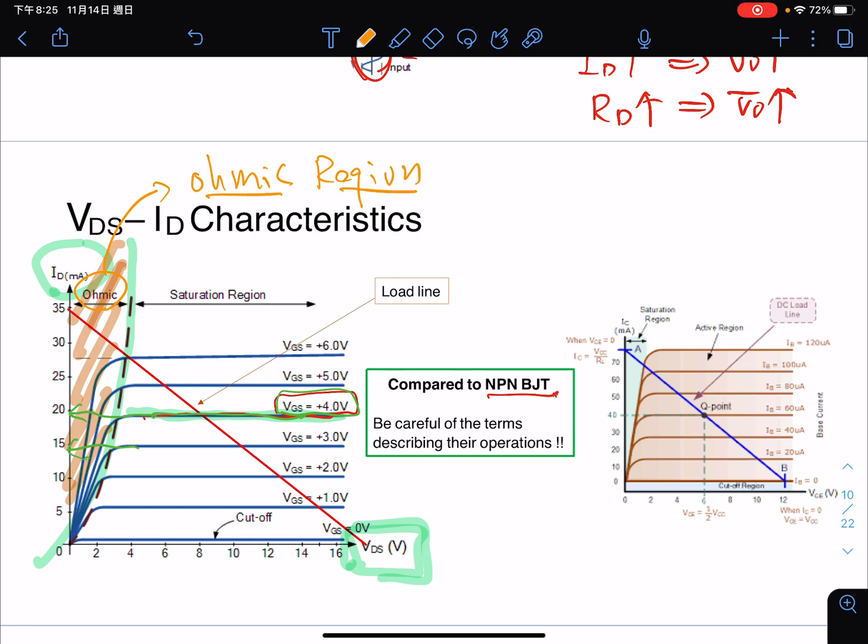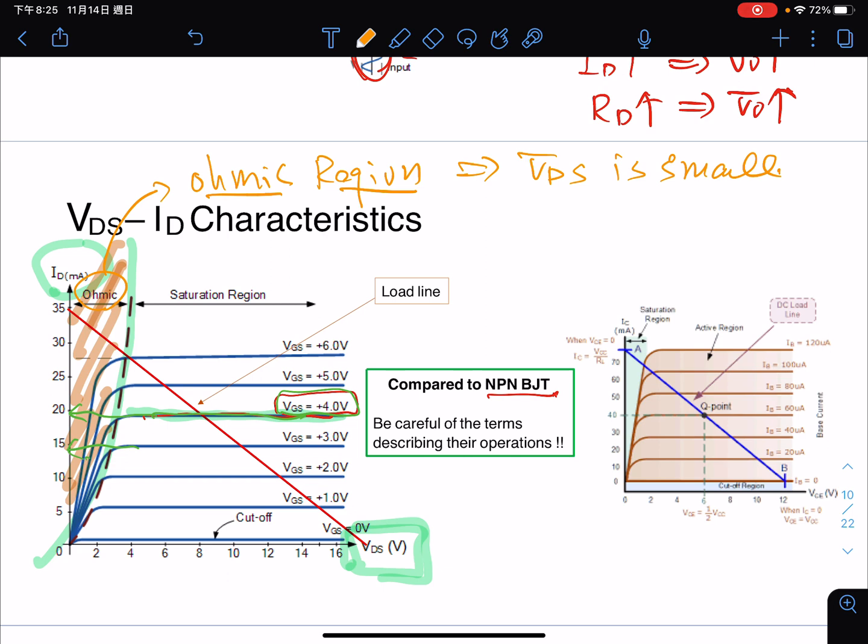Meaning that because the VDS is small, in this region, the ID current cannot reach its originally designed value, and we call this one the ohmic region.